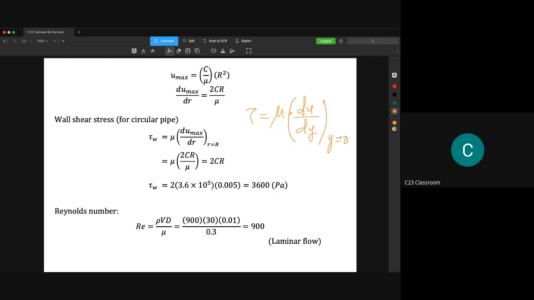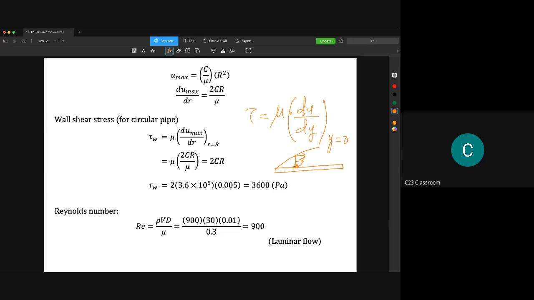So you must know why we take y equal to 0: in a flat plate like this, the velocity distribution can be drawn like this one, so the highest shear stress occurs when y equal to 0.